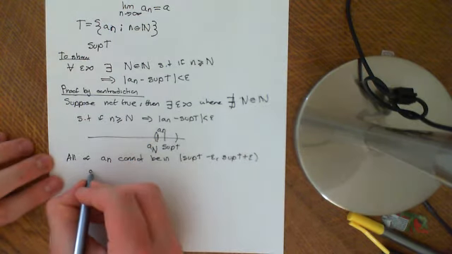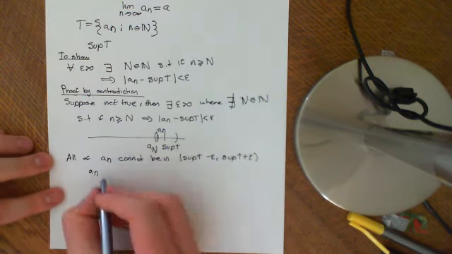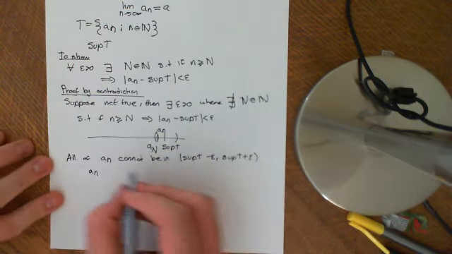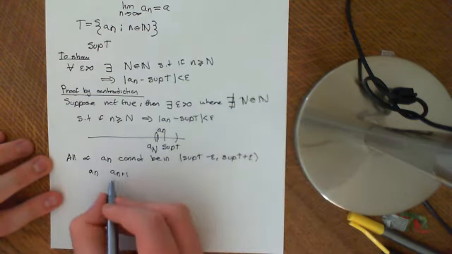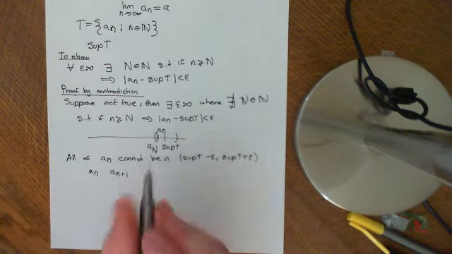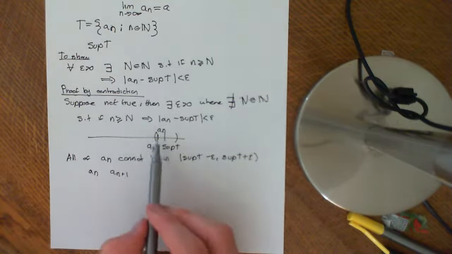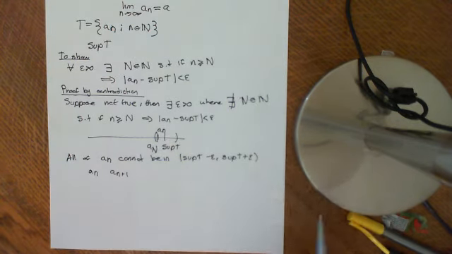So if a_n is an element of this interval, then it implies that a_(n+1) is also an element of this interval, because a_(n+1) has to be less than sup of T because it's an upper bound for this entire set, but it also has to be greater than a_n, so it would be in here, and all points following would be in here.